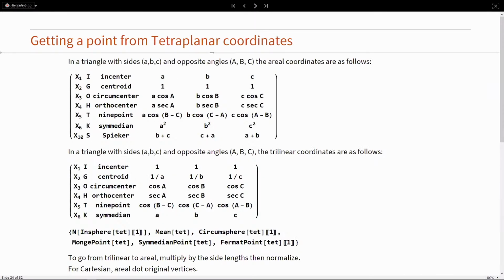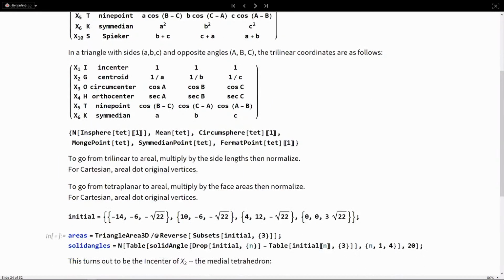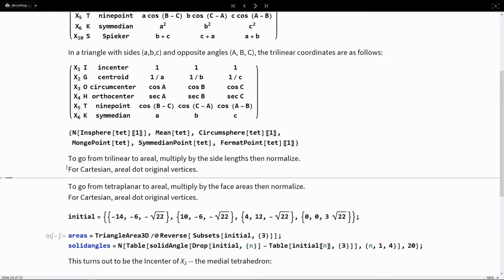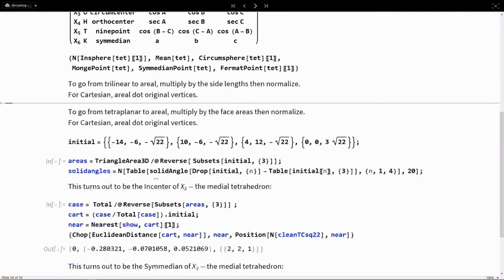But we can go on from that. So if we have a point from tetraplanar coordinates, we can go from the trilinear to areal, multiply by the side lengths, and then normalize. For Cartesian coordinates, we basically take that areal or barycentric coordinate and use the dot product with the original vertices.